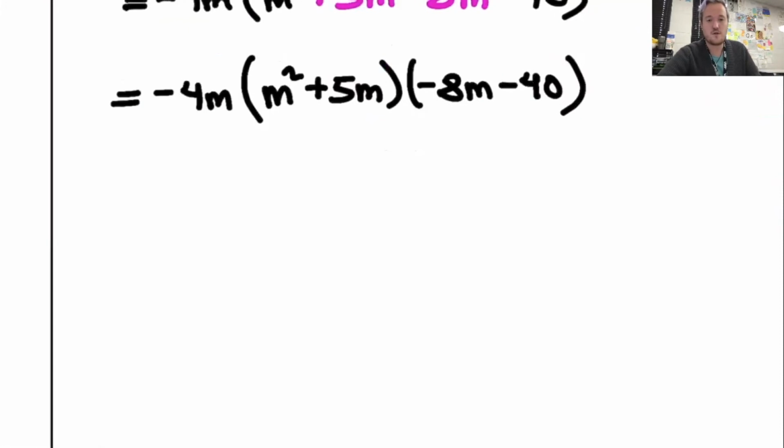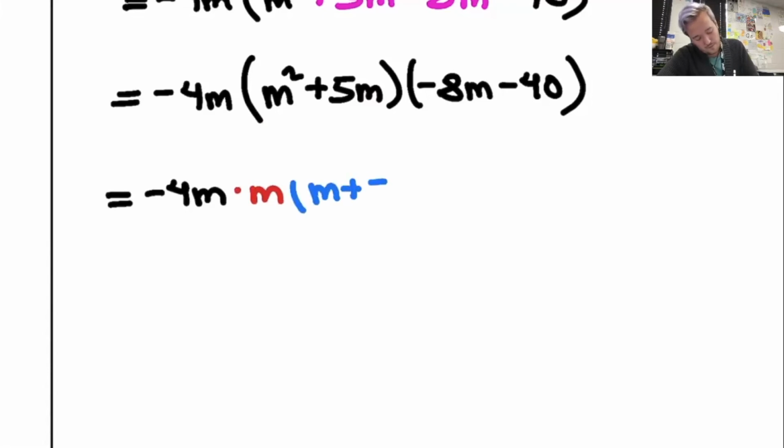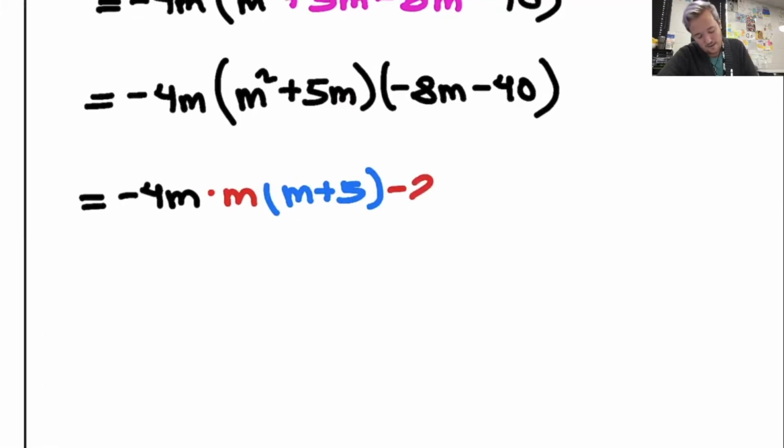All right, so I'm still going to do grouping. So I have that negative 4 on the outside. So in the first set of parentheses here, I'm going to take out an m. So that's going to leave me m plus 5. And in the second set of parentheses, I can take out a negative 8. All right, and then that's going to leave me with m plus 5.